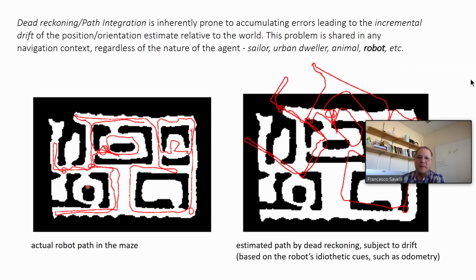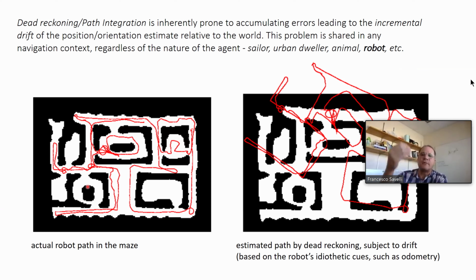You know what an odometer is, right? It's that thing that tells you how far you've traveled on your car. It counts how many times the wheel turns, with an estimate of the size of the wheel. It's like the equivalent of step counting.